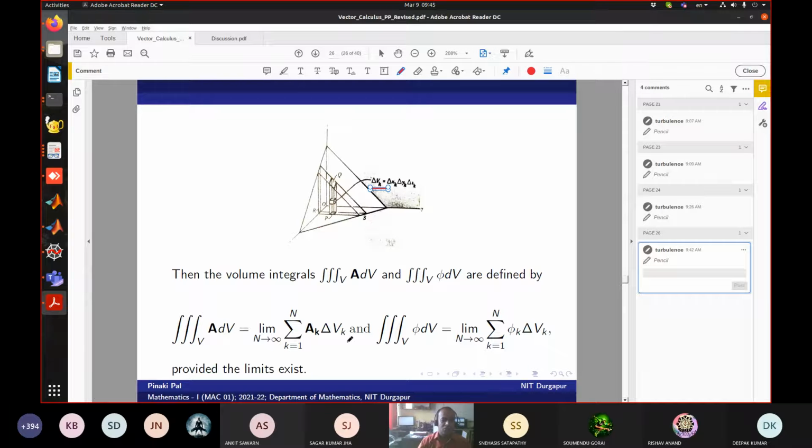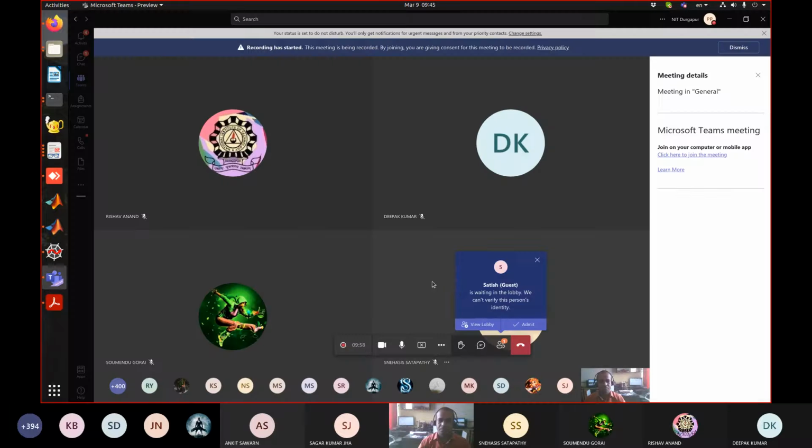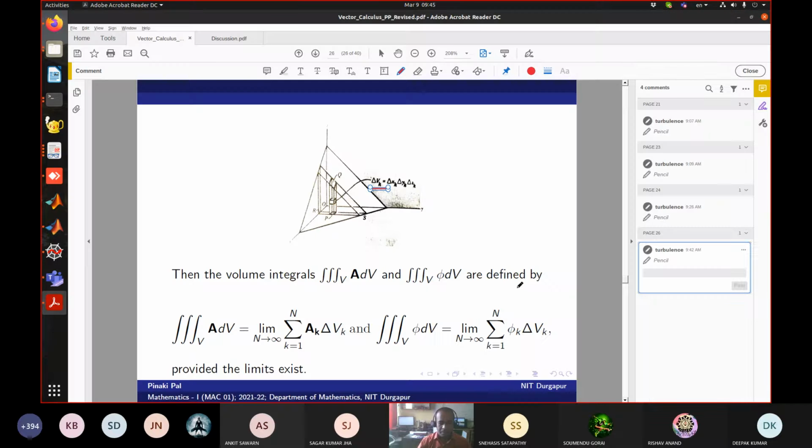Probably it has already been discussed in the triple integration class. There is no difference. The only thing is the introduction of this vector function, but the basic idea is similar if you think component-wise.